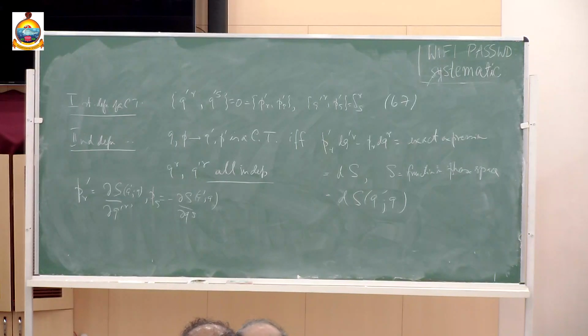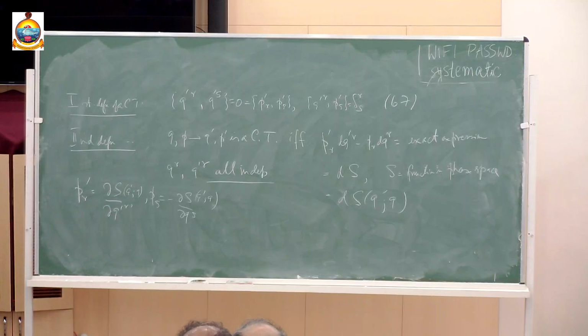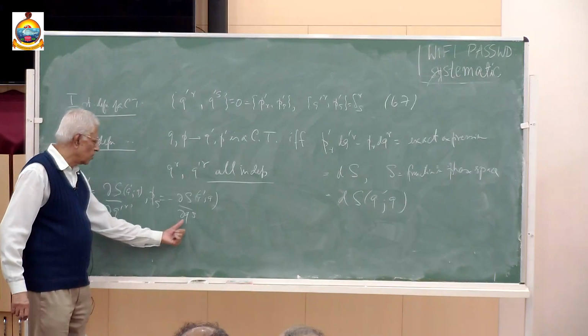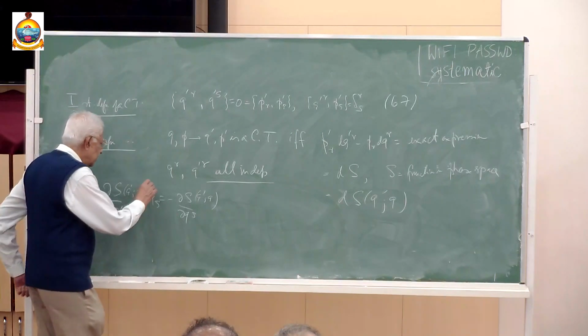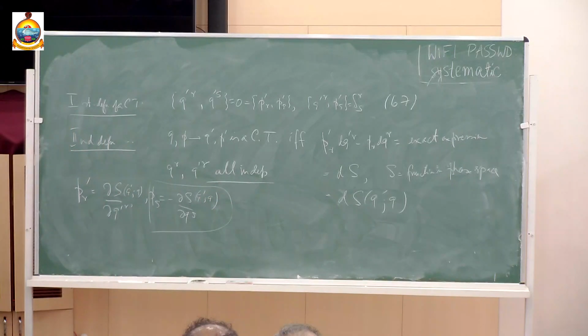What is the condition on the function S that I must impose? Look first at this set of equations. This is old momentum, old coordinate. This subset of equations must have a structure such that you are able to invert them, express every q prime in terms of q, p.